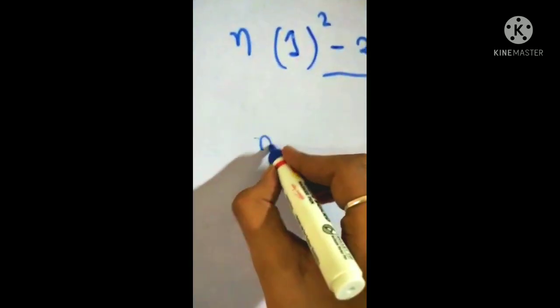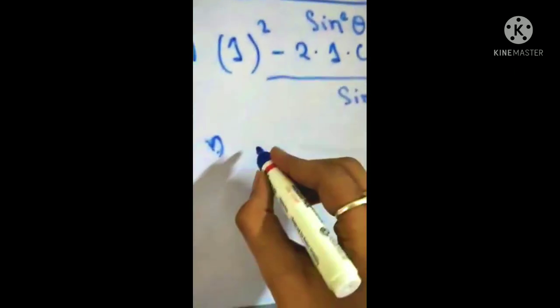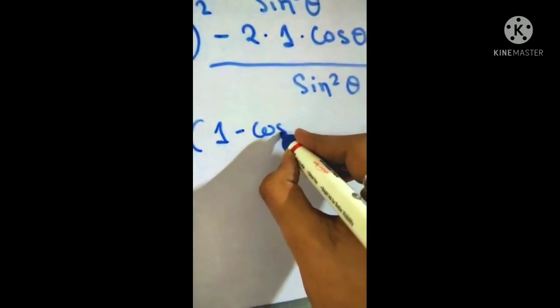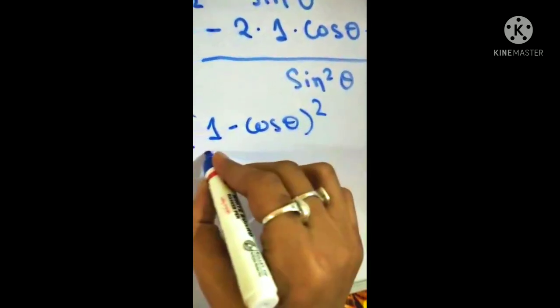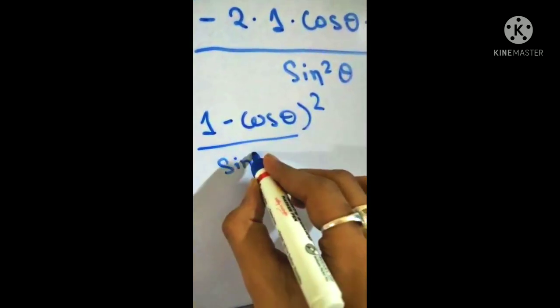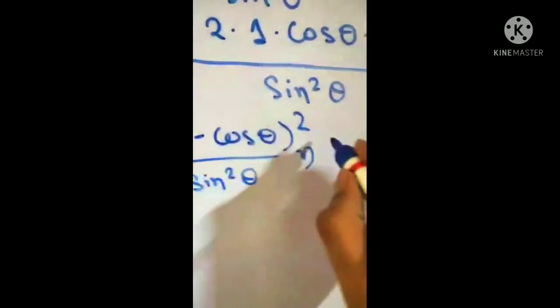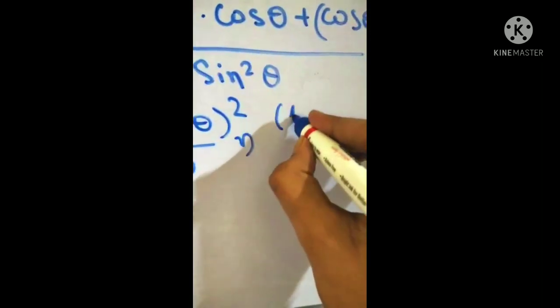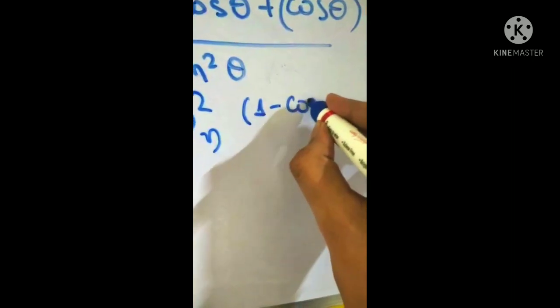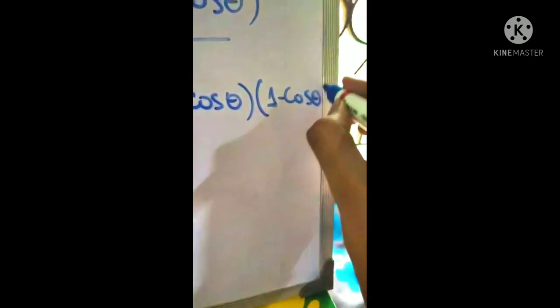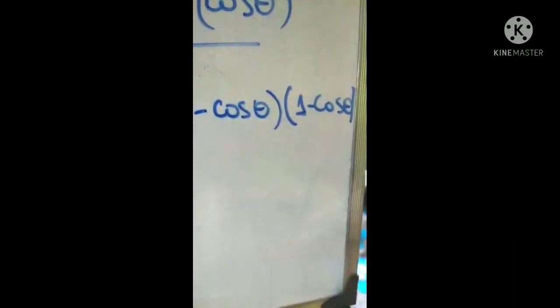Now this expression means (1 minus cos theta) whole square divided by sin square theta. From here, (1 minus cos theta) whole square means (1 minus cos theta) multiplied by (1 minus cos theta).